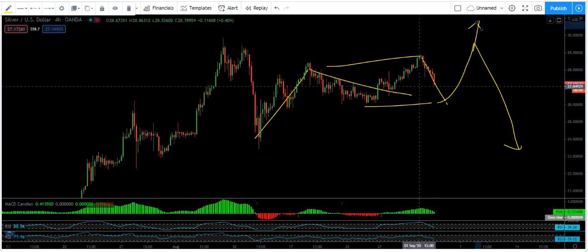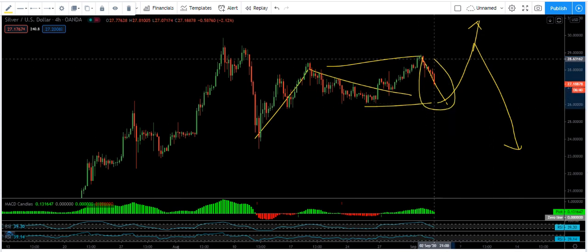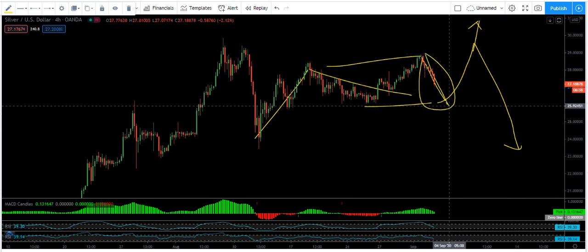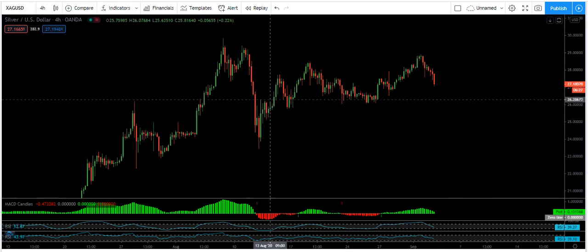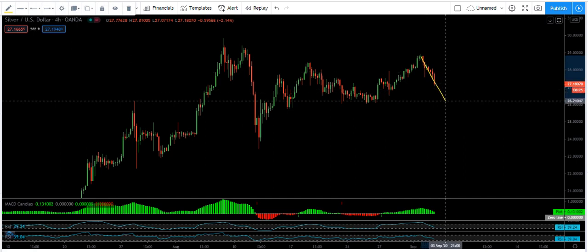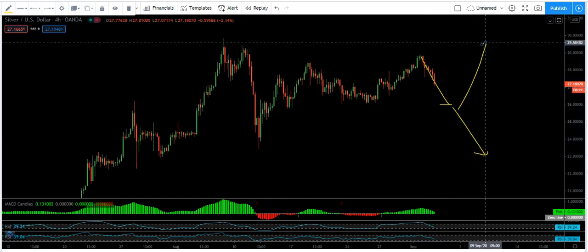Anyway, in both options we are expecting the price to drop within this distance, at least to this price. That means in both options we can look for sell when the price comes to this level, then we make a decision for the continuation or reversal.